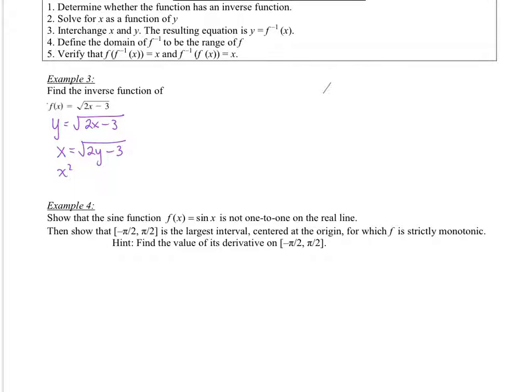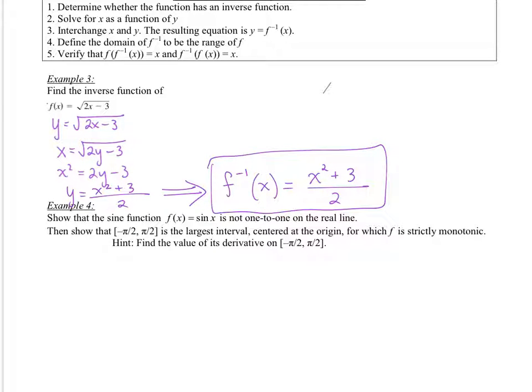That gives me x squared is equal to 2y minus 3. And if I solve for y, I get x squared plus 3 over 2. And the last thing I need to do is rewrite my y as the inverse function. Okay? And that's it. Nothing new, just review of what you already know.